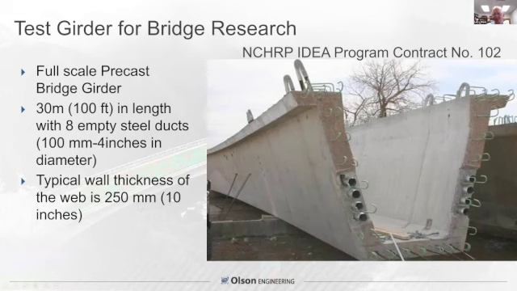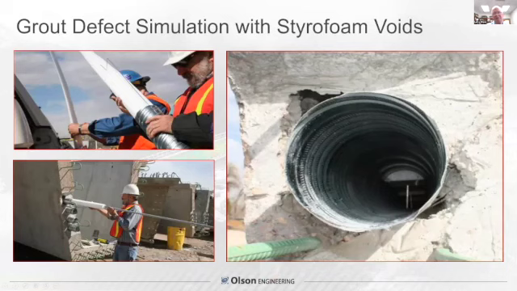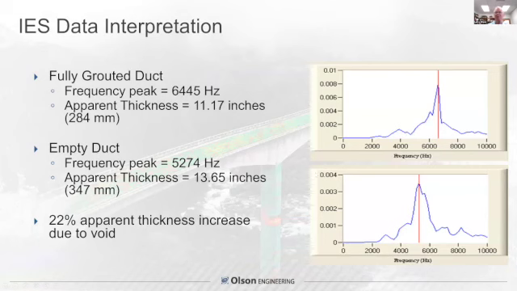The wall thickness was 10 inches. We grouted in the styrofoam void, had a repair contractor grout the ducts in the first 20 feet of the girder, and created known voids. This was research. So as we rolled across them, what we saw was a fully grouted duct had this echo resonant frequency peak of the energy bouncing back and forth, resonating at 6,445 hertz, predicting 11.17 inches when it was fully grouted.